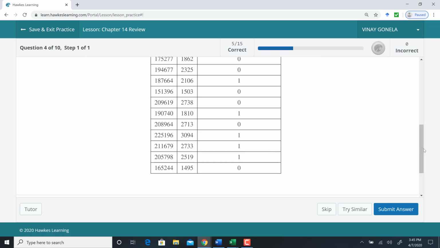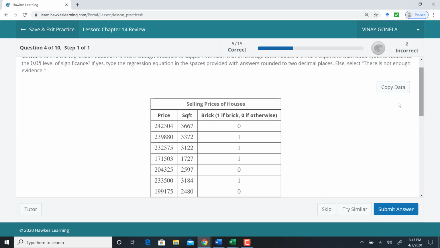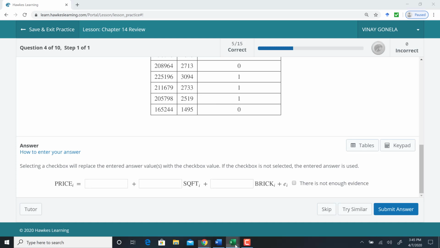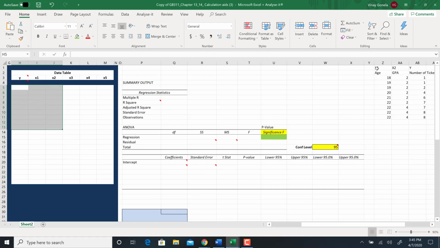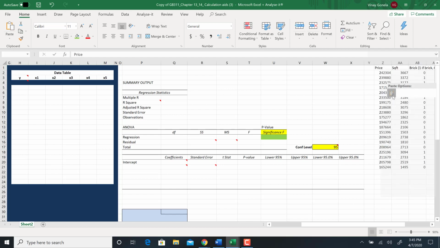So the thing is, I need to copy this data. Let me see, I will copy this data and paste it in our calculation aids. So again, I am going to get rid of this, and then paste our data.